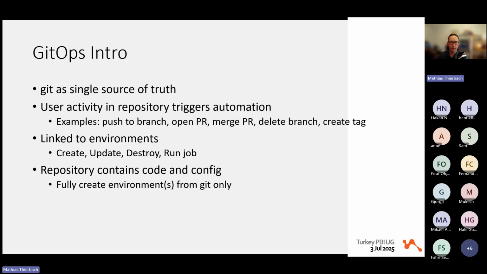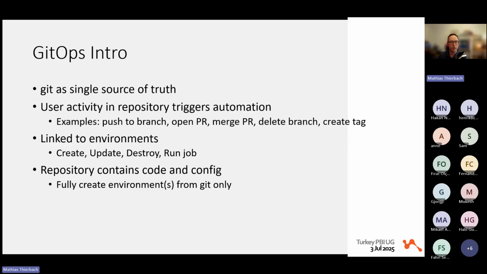What's also very important and very unique to a GitOps approach is that everything is held in source control, specifically your configuration as well. Oftentimes the term infrastructure as code is mentioned here.